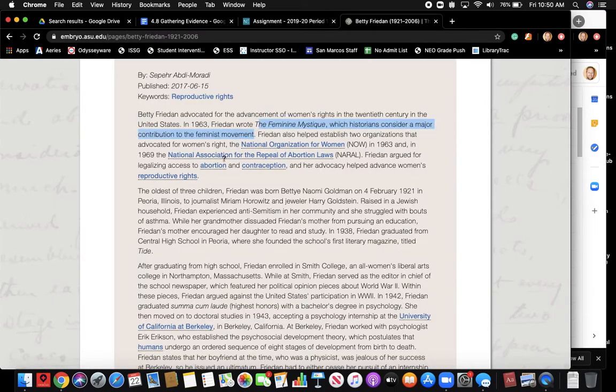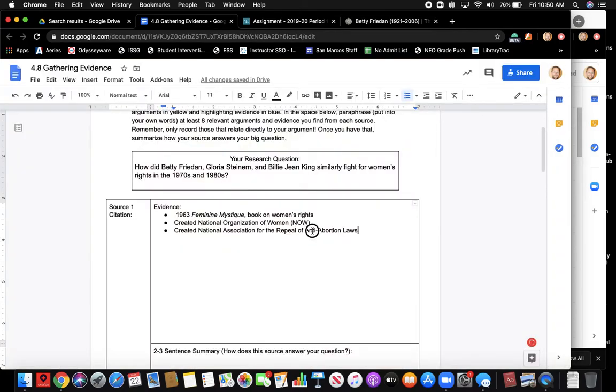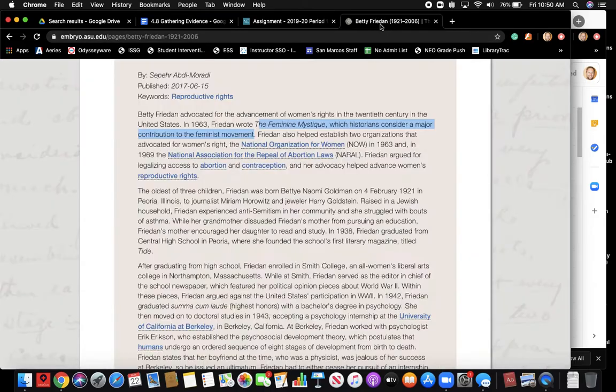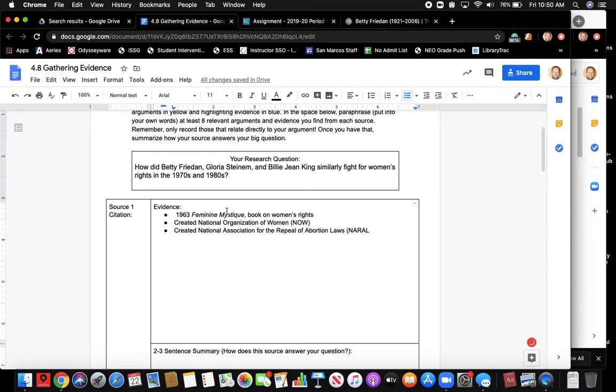Always got to check to make sure. Oh, just of abortion laws, not anti-abortion laws. N-A, what was it, R-A-L or something like that? NARAL. Yeah, NARAL. So again, notice how I'm not writing everything. I'm just writing the facts that pertain to, here's what she did in order to fight for women's rights.